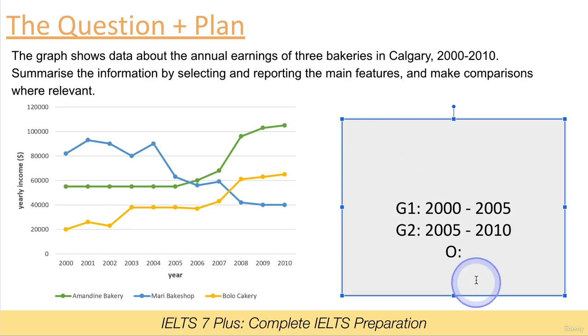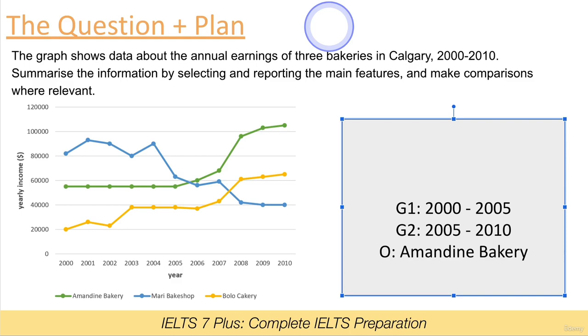There we go. Okay, so what is our overview going to focus on? Well, Amandine Bakery. This is past tense as well, point to note. Always remember what tense you're talking about. Like we did in the maps, when it was today, we talked in the present tense. In the past, we can talk in the past tense.